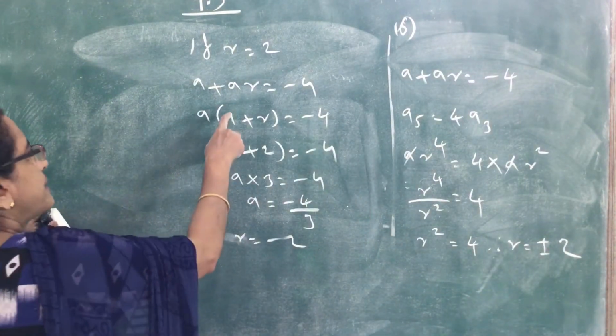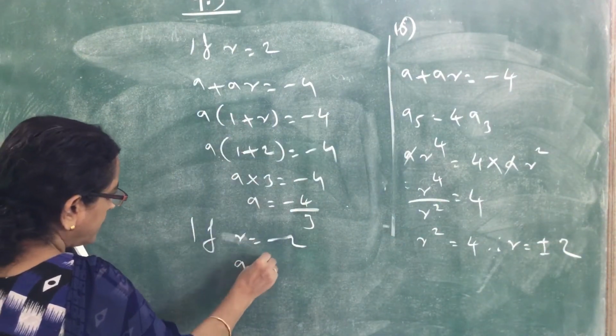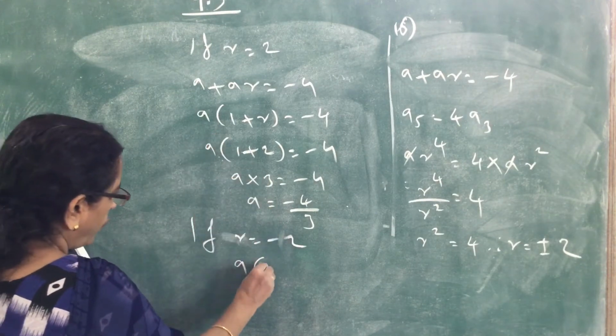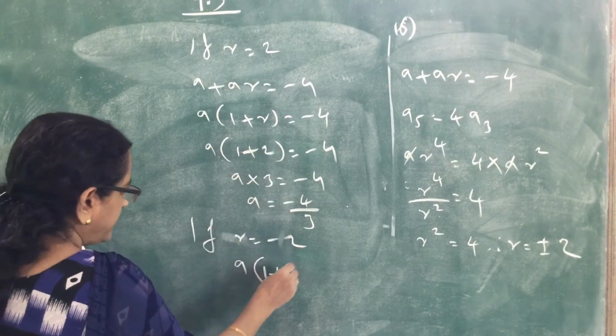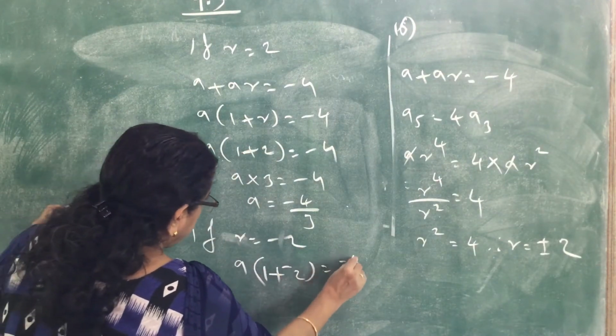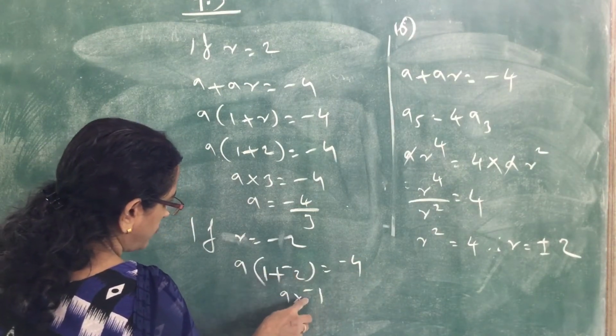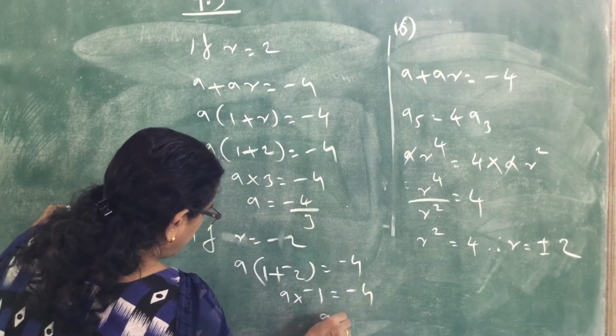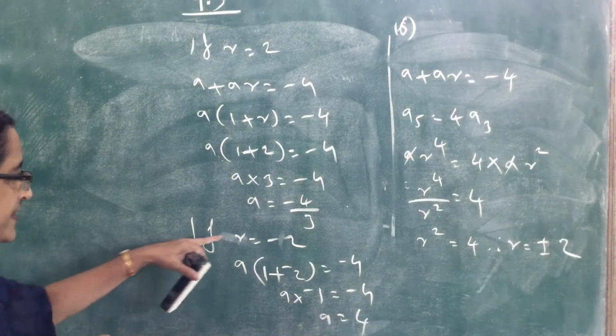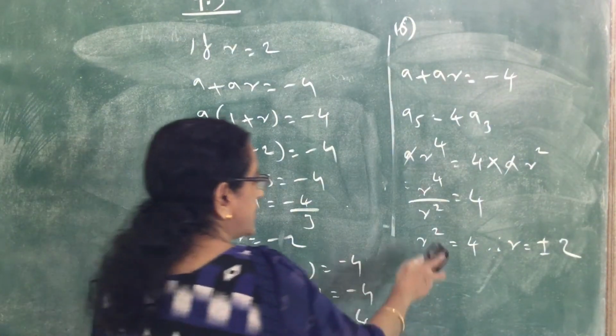Substitute here itself: A into 1 plus R, that is negative 2, equal to negative 4. So A into negative 1 equal to negative 4, so A equal to 4.